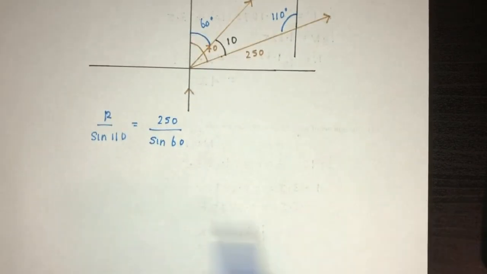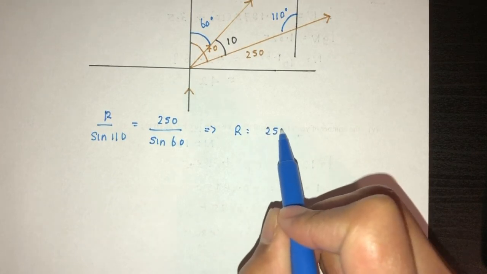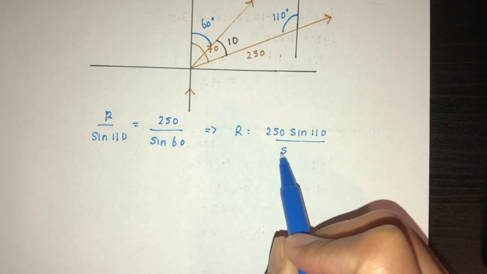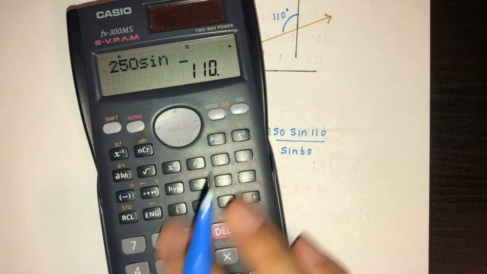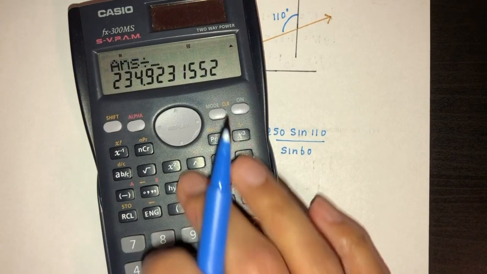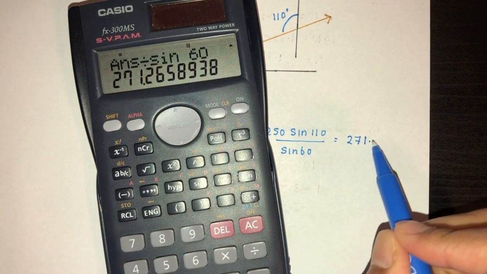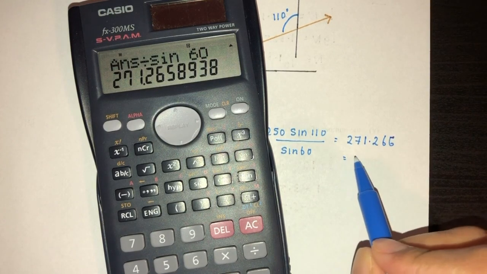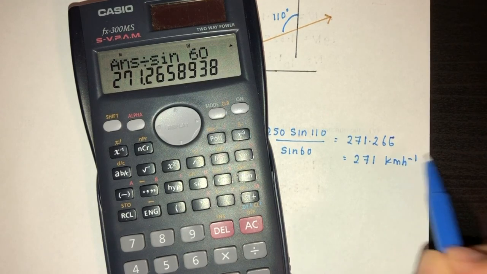Okay, so let's find the value of R. From this we can find R is 250 times sine 110 divided by sine 60. So 250 sine of 110 divided by sine 60, that will be 271.266, which is 271 km per hour.